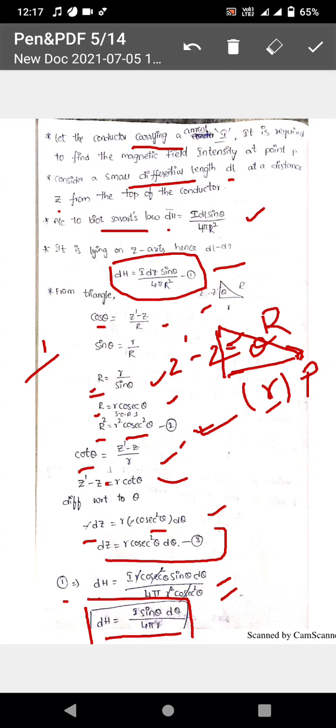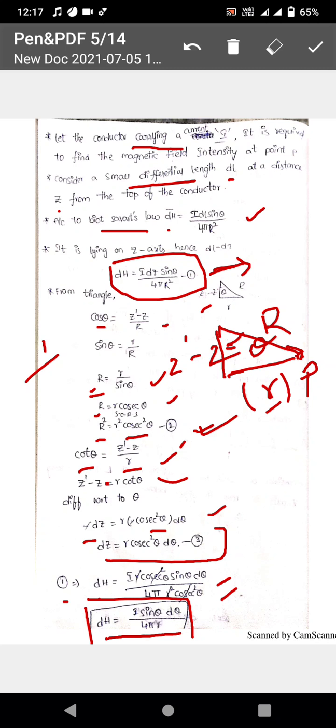Remember another thing: dh equals I dz sin theta by 4 pi R square, that is equation 1, and equation 2 is R square equals small r square cosecant square theta. If you apply cot theta for this, cot theta is 1 by tan theta, the reciprocal of tan theta. Z dash minus z by r, so z dash minus z equals r cot theta.